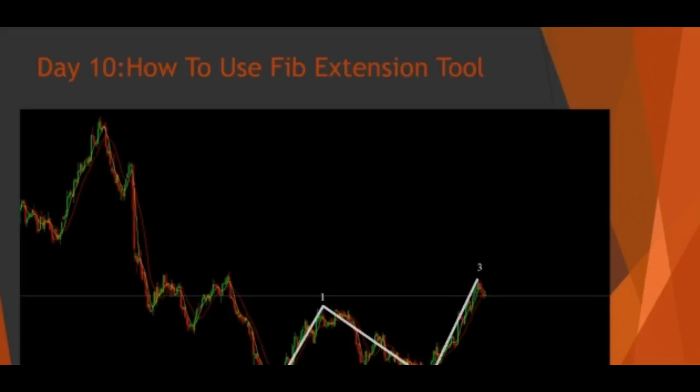And so all the extension does is it says this distance from origin to 1, right here, let's say this distance is 100 pips. It's going to take this distance of this swing, and it's going to then spit out a level where point 2 starts, and say it works up 100 pips to here.